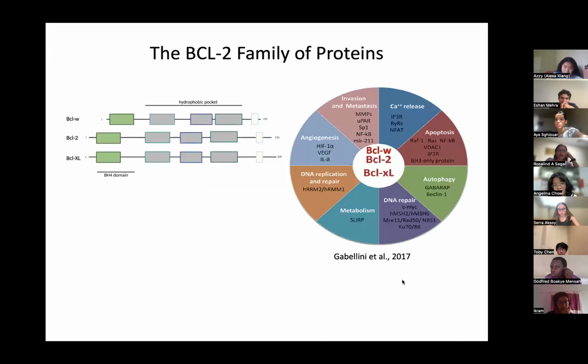Well, it turns out that the reason that BCL2 and BCLW are able to prevent cell death is through these three BH domains, BH1 through 3, which are shown in gray, which form a hydrophobic pocket that will bind to the effectors and so prevent apoptosis.